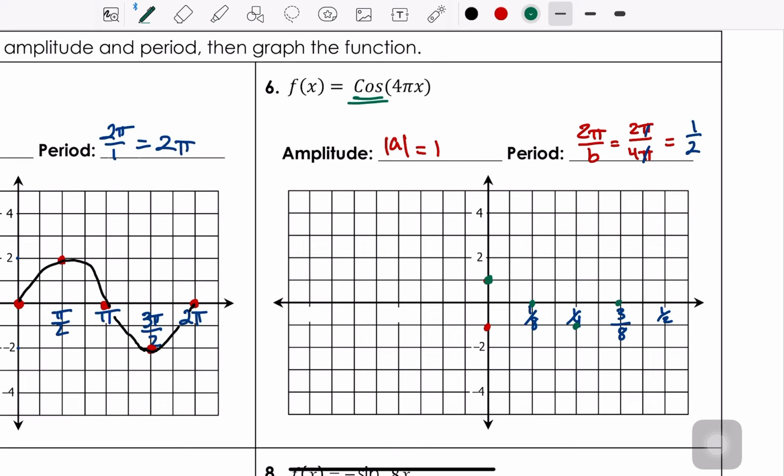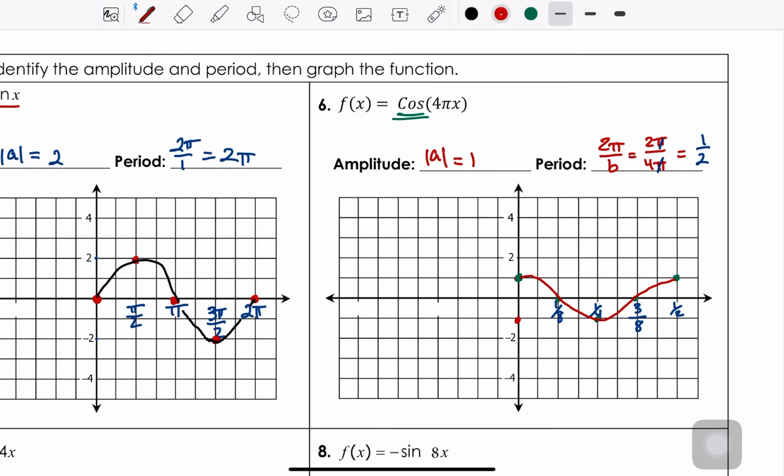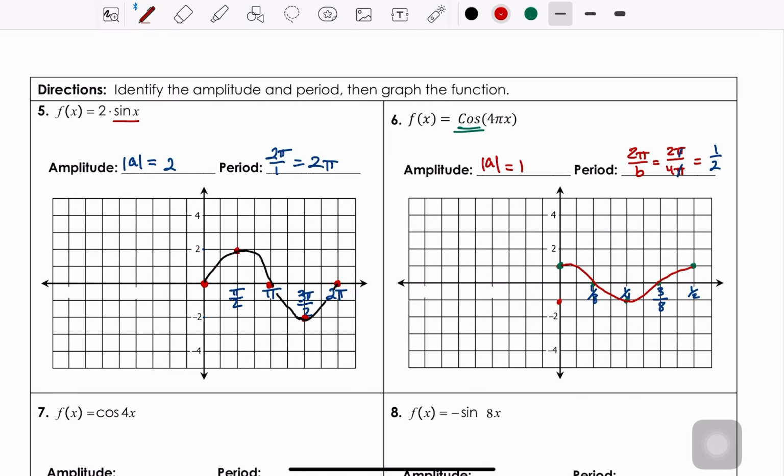Okay, so then I go back up to 1. So with our amplitude being 1, that's what we should have. Then we go ahead and trace it. And voila, right? The amplitude looks a little weird because obviously the scale was every 2, but our amplitude ended up being 1, which is why it looks a little squishy.